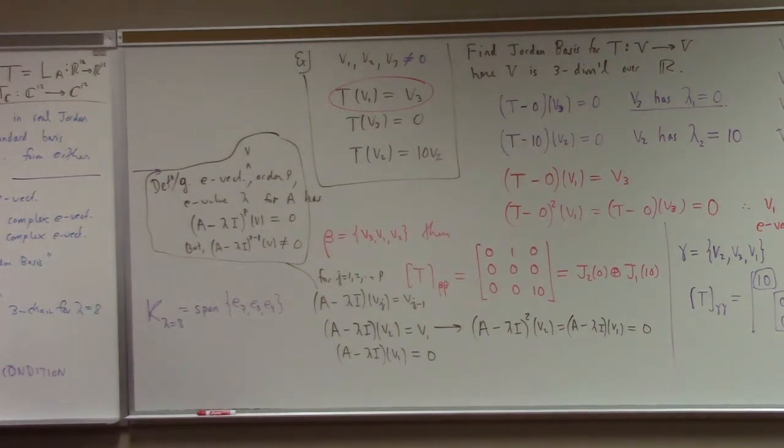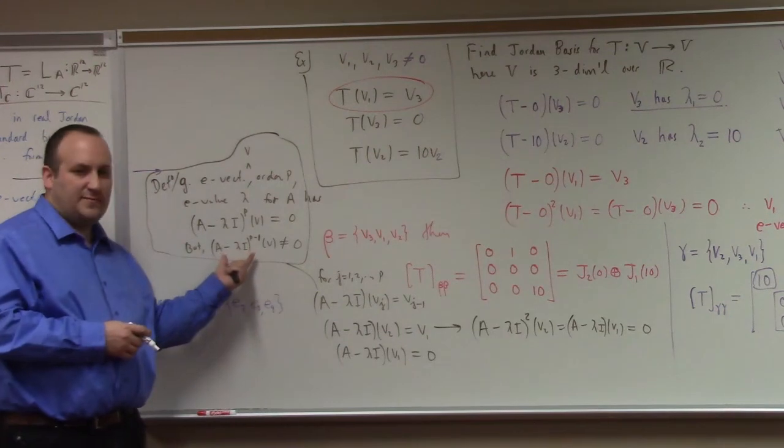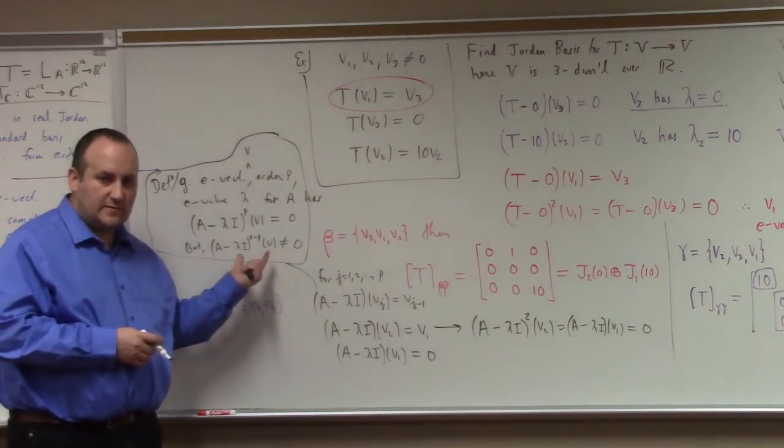So that makes v2, in this context, a generalized eigenvector of order 2. Like the definition, I'm looking for the pth power of A minus lambda I killing the vector. So the vector has to be in the null space of (A minus lambda I) to the pth power. That's what it means to be a generalized eigenvector of order p, paired with the condition that it's not in the null space of the p minus 1th power of this matrix.